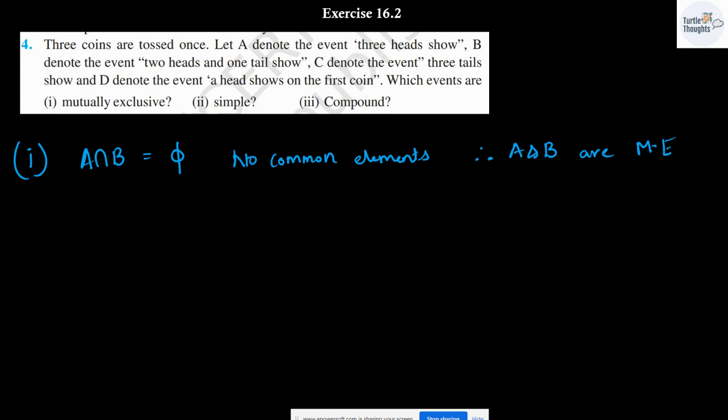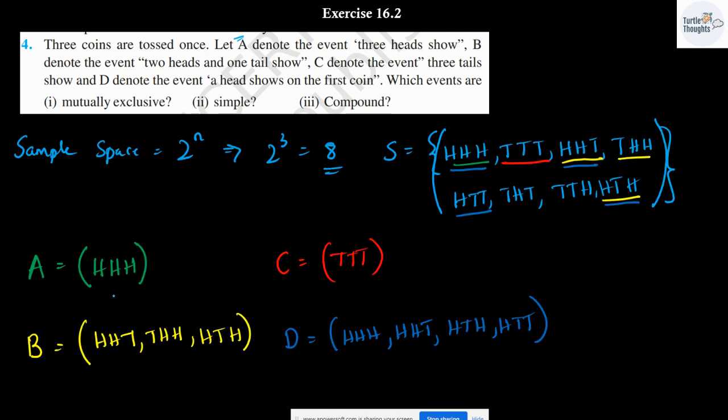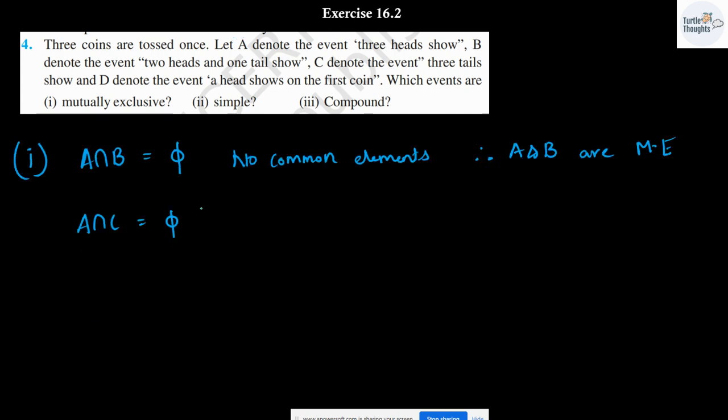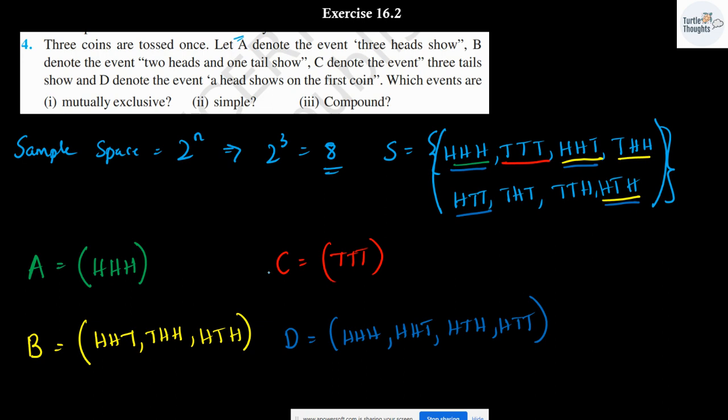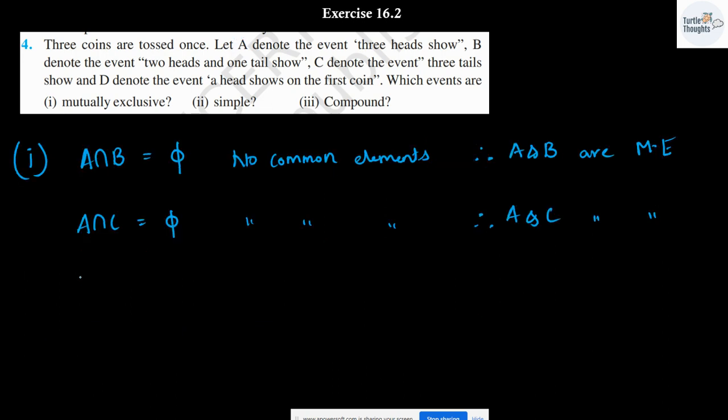Next, the same for A and C. A intersection C is also a null set because A and C don't have any common elements. Therefore, A and C are mutually exclusive events. Next, B and C. In B and C also there are no common elements.